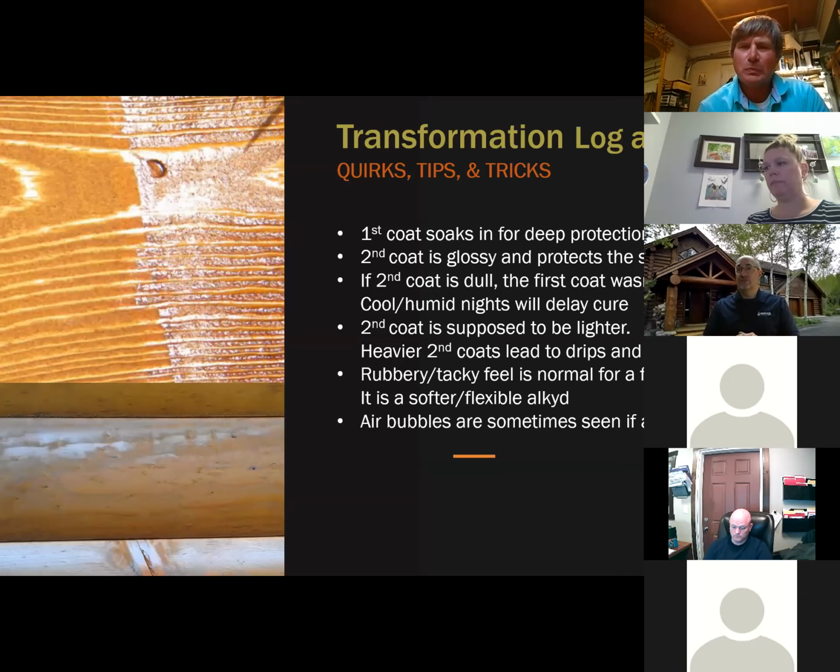In those cases, the air that is expanding inside the log as it heats up comes out through the path of least resistance, and it kind of bubbles up right underneath the stain. And if it happens at just the right timing, it's going to come out right underneath the stain when it's just formed a skin. And that's going to create a little bubble. Right. So again, try to work outside the sun.